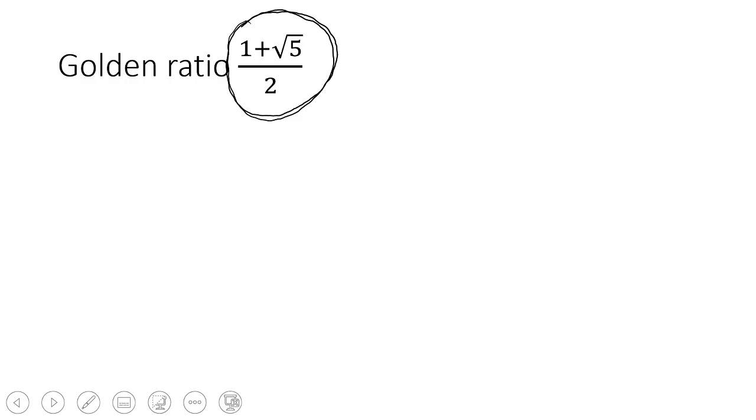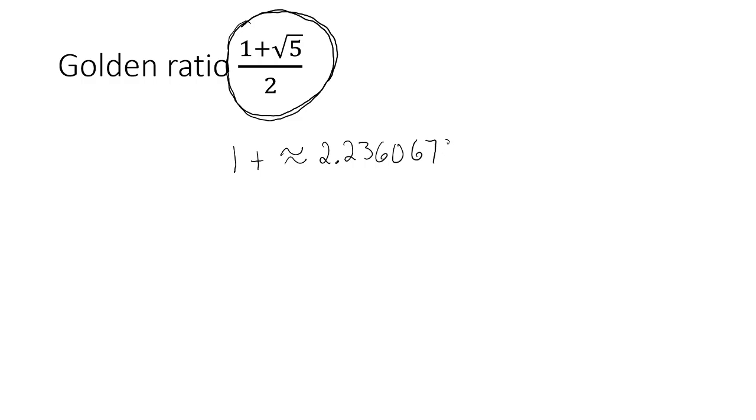So if I took out my calculator, and you could try this, you do the square root of 5, you find that to be 2.236. So you do 1 plus approximately the square root of 5, which is 2.2360678. I could keep going and keep going. Divide that by 2. So I'm going to take that 2.23 and add 1. So I get 3.2360678.